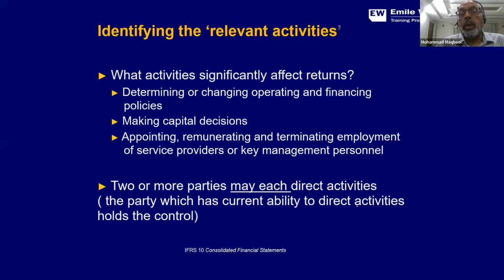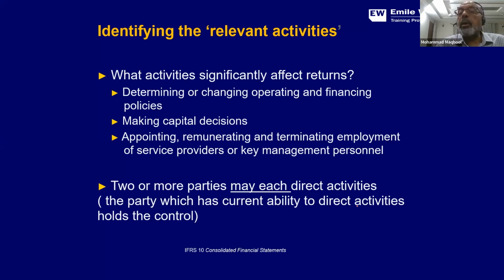Two or more parties may each direct the activity, right? So in this case, what will decide? I'll give you an example. Under an arrangement, it says that the seller will continue to have control for 3 years, and after 3 years, the buyer will have the control.